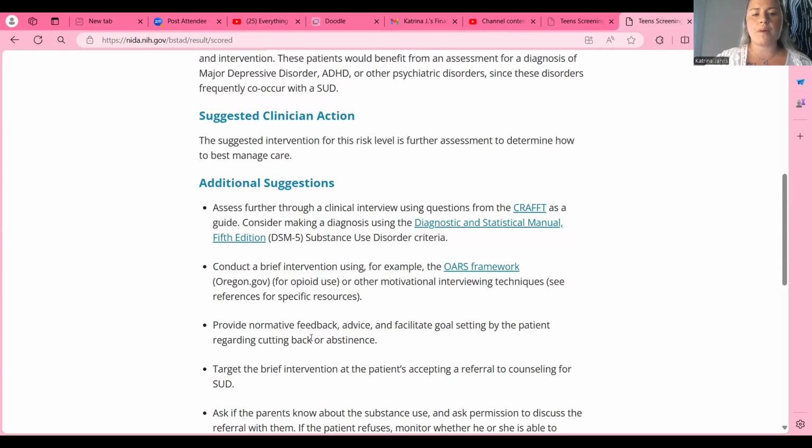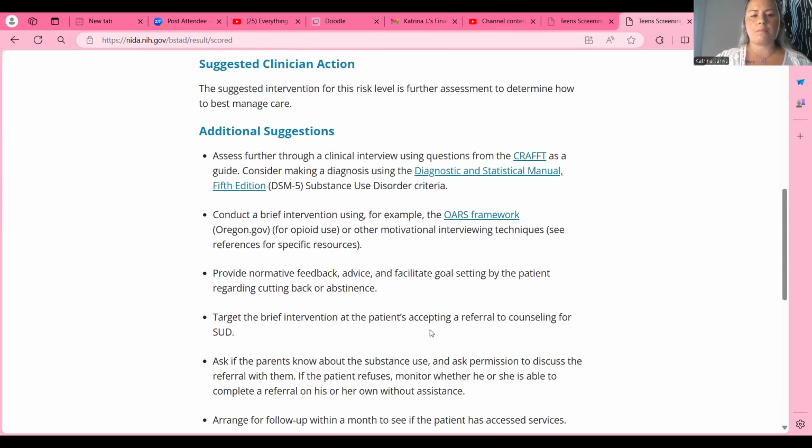So you might want to provide feedback, facilitate goal setting, ask the parents if they know about substance abuse, and ask permission. Always ask permission. Discuss a referral and arrange a follow-up. So a screening tool is essentially the first step of the building blocks to treatment.